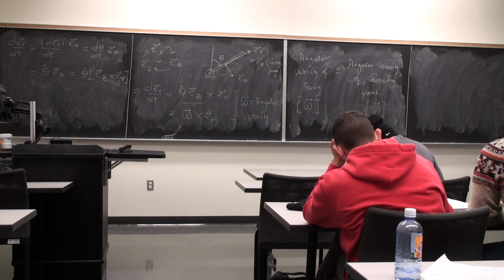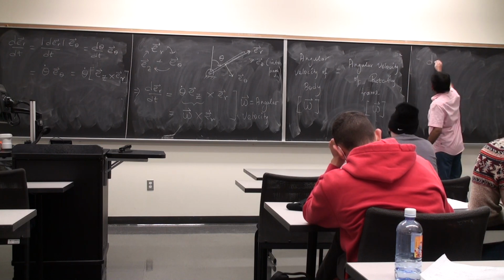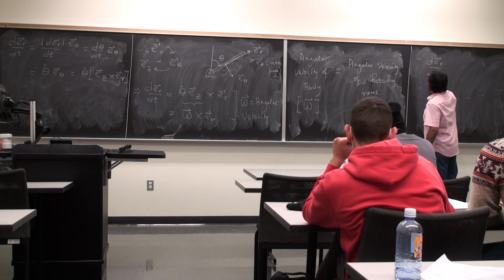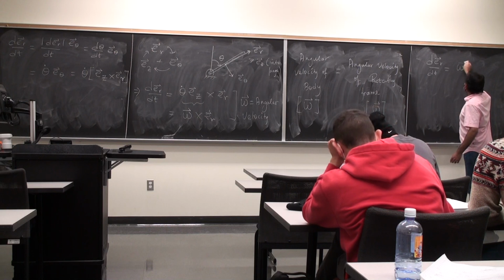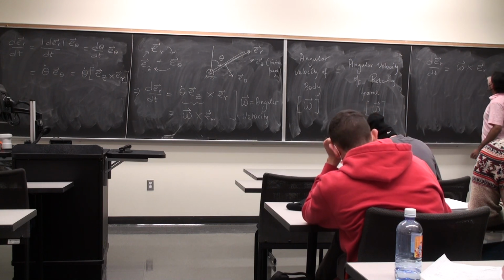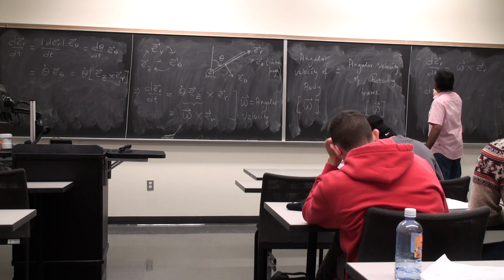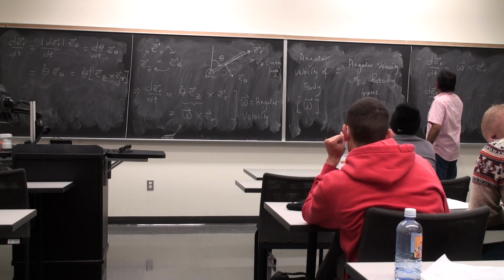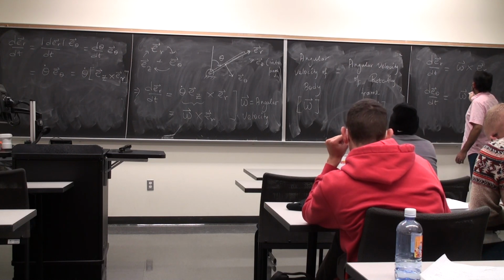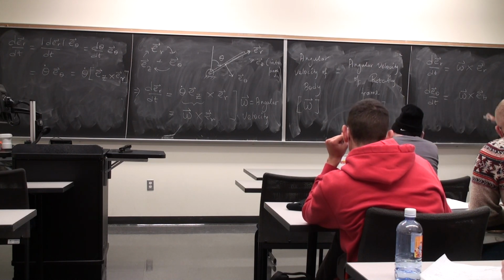And the second thing, it's omega cross er, d er by dt, we just proved it. If I do d e theta by dt, I'll end up getting the following. You can try it out, you will end up getting this.